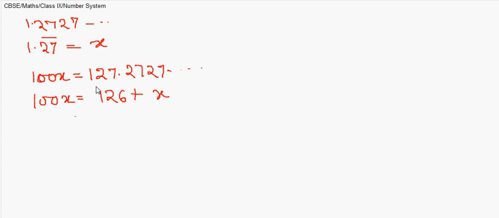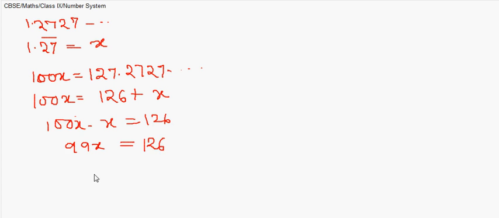Then only I'm getting 127. x is represented as 1.27. So now I carry this to the left, and it's 99x is equal to 126.